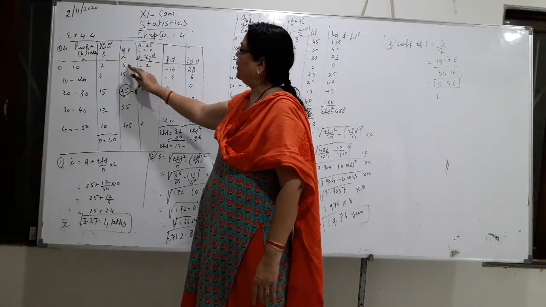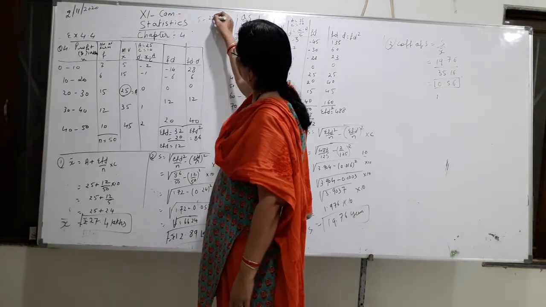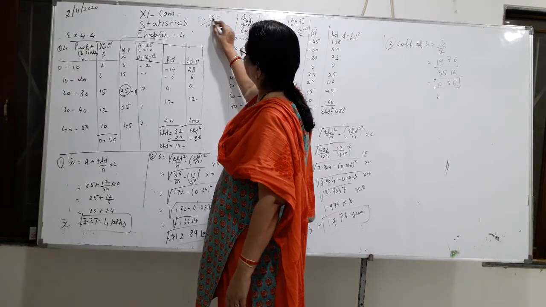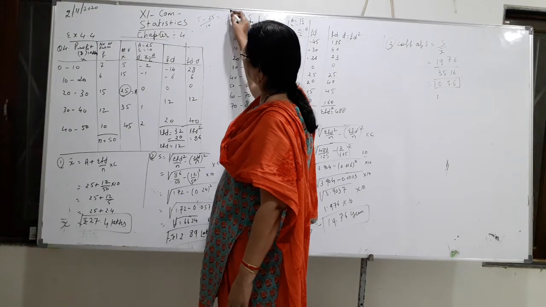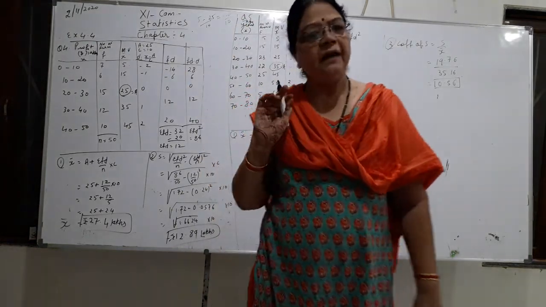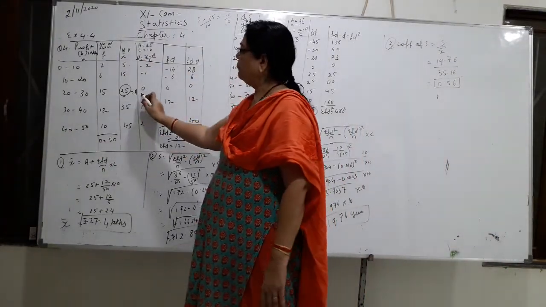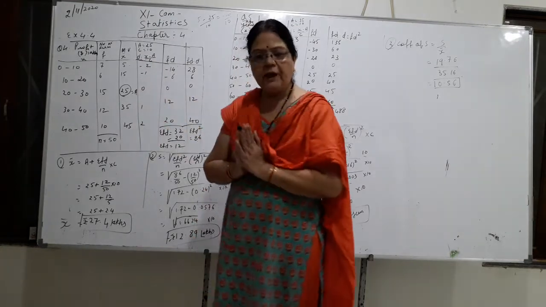X means mid value 5, and assumed mean you have taken 25 and class interval is 10. So 5 minus 25 means minus 20, minus 20 divided by 10, so minus 2. Okay, so you will get the same number. So when the class length is equal, assumed mean will put 0 and then minus 1, minus 2 and 1, 2. Okay, so that is the rule.